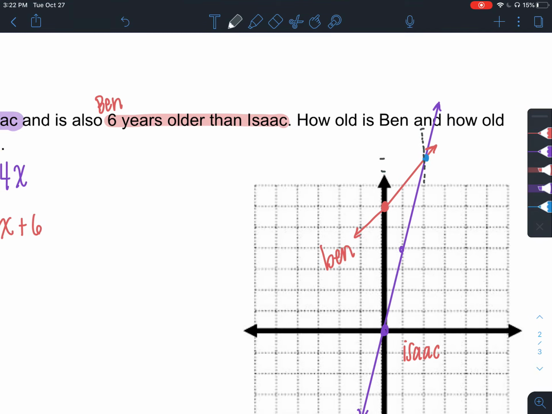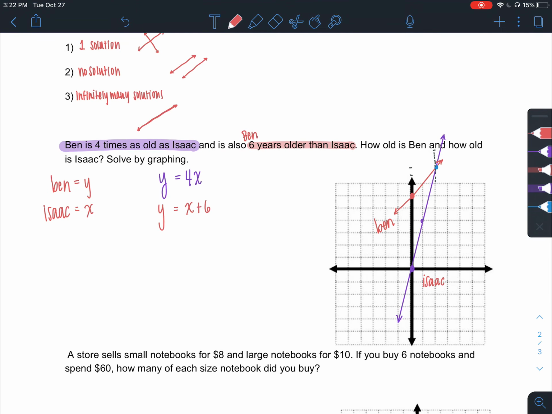So we get Isaac is 2, and Ben is 8, right? I think this is just one more. Yeah. Okay, so Ben is 8.